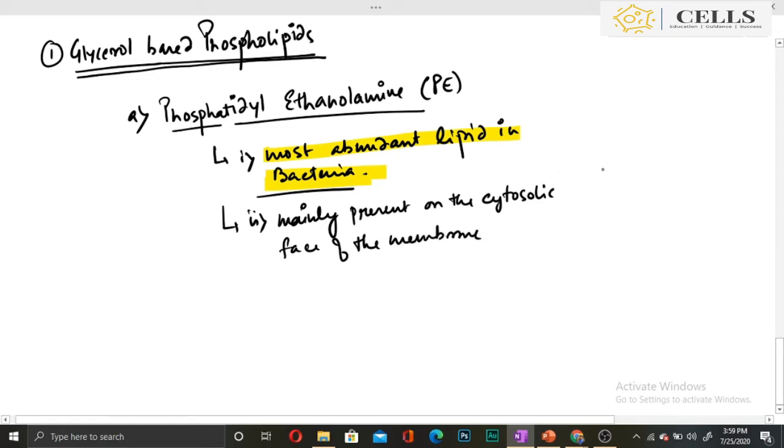Suppose this is your membrane, this is your exoplasm or outside the cell, and this is the cytosol.